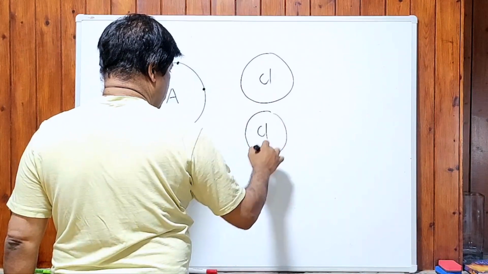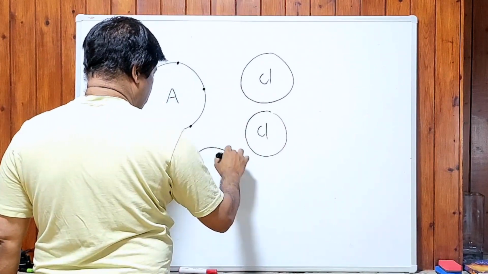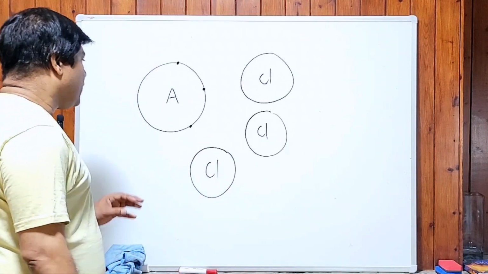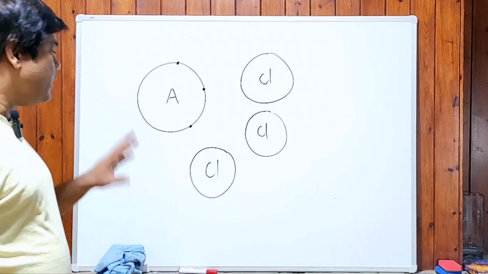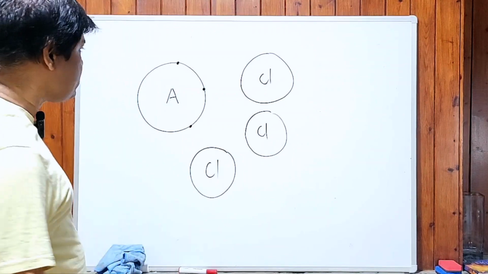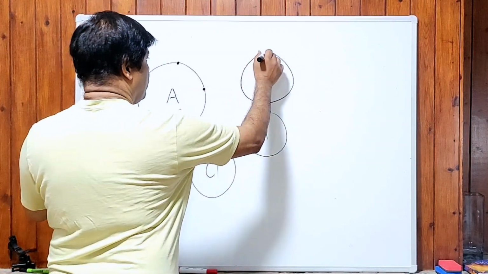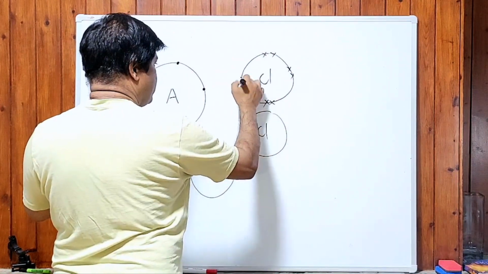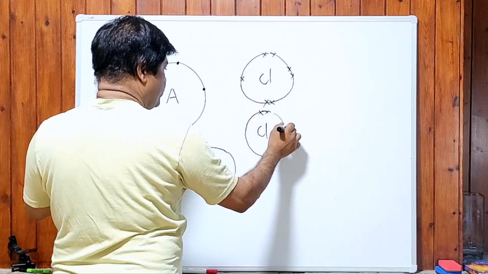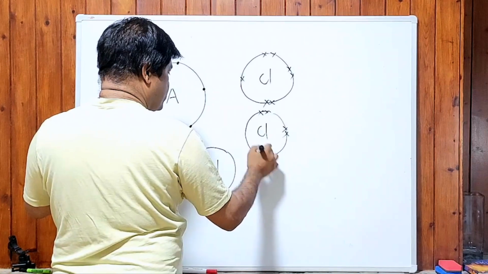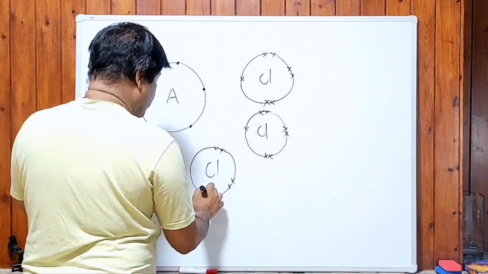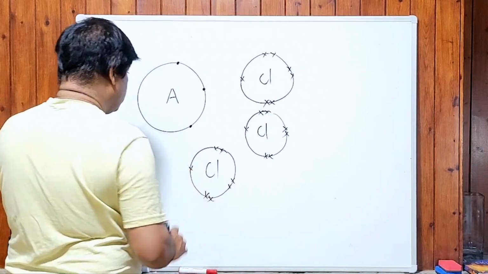How many electrons are there in the outer shell of a chlorine atom? 7.